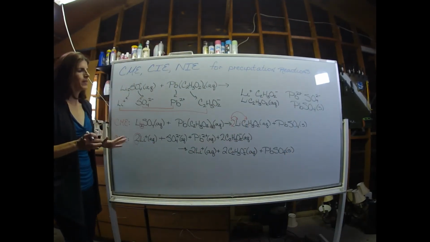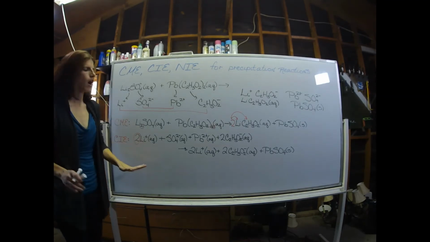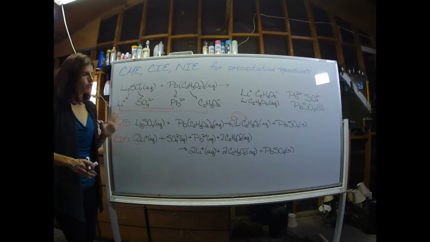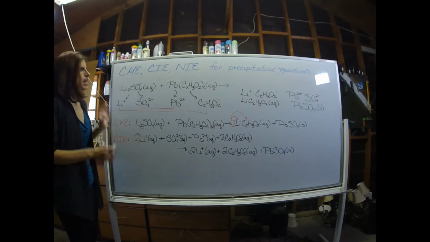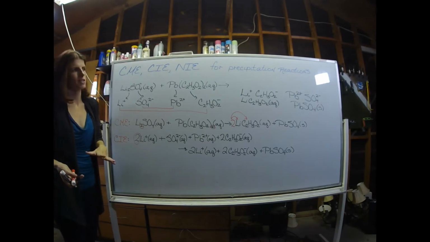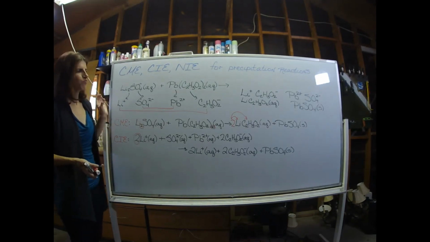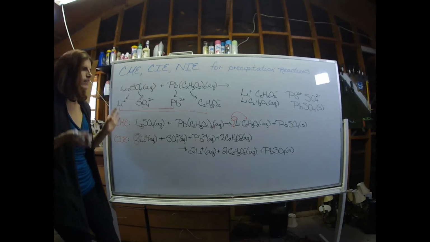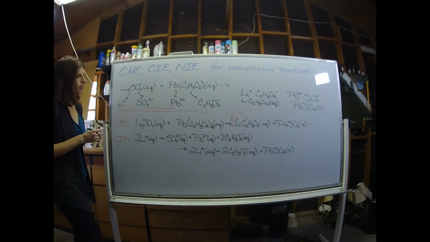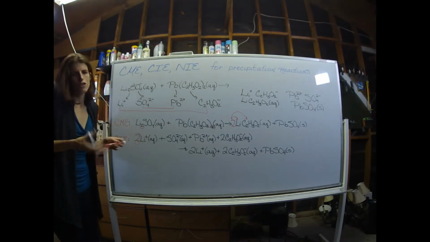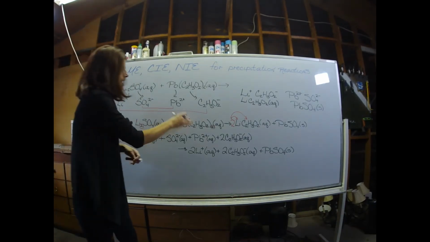So the next thing we need to identify are spectator ions. Back to my club analogy. The equations represent what's going on in the club, right? So lithium sulfate came together, and they just drove there together. Same thing with lead acetate.